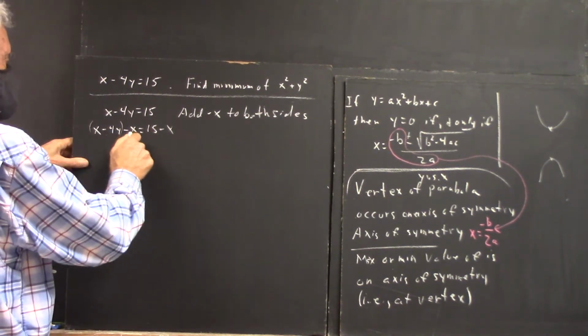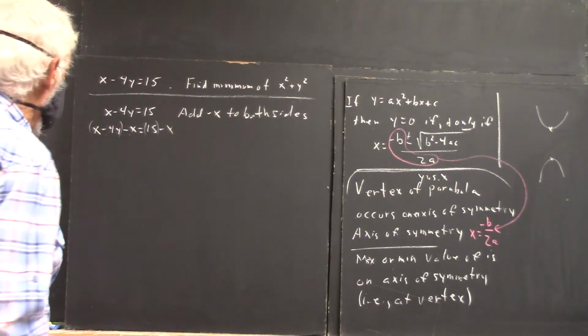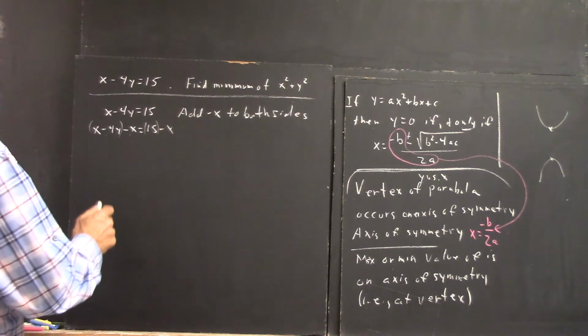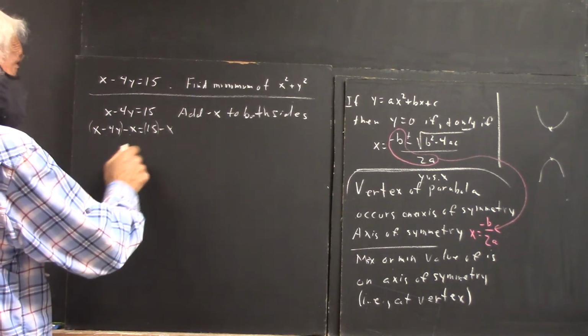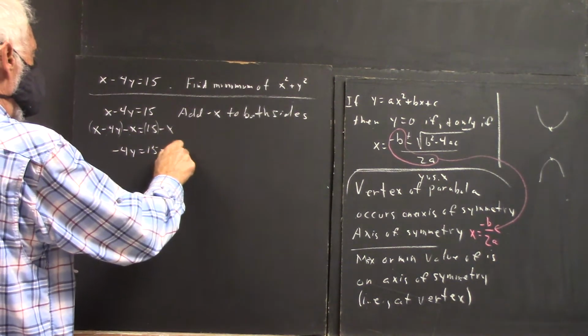Here's this side, you subtract x. Here's this side, you subtract x. When you do that, x minus x is 0, so you get negative 4y equals 15 minus x.